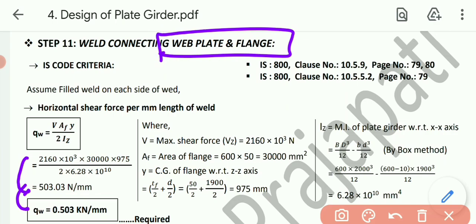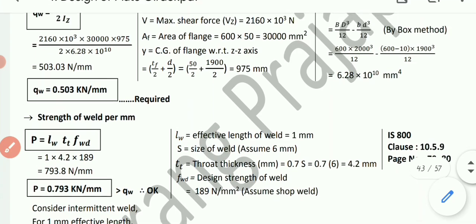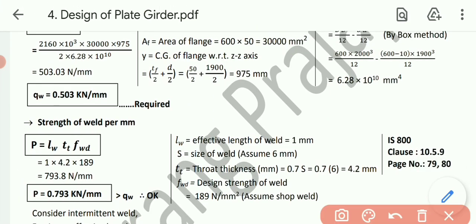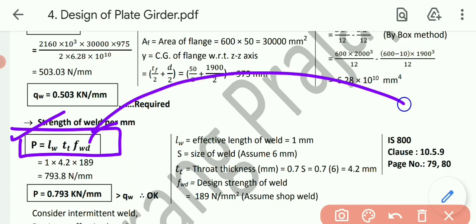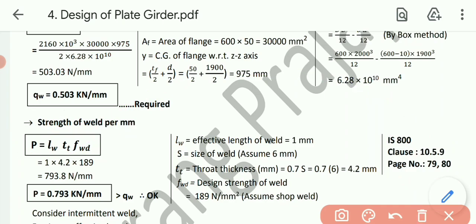So we can provide the capacity of the weld per mm, which we always calculate. Strength of weld P equals LW into TT into FWD, as per clause 10.5.9, page number 79, 80. Now LW per mm means 1.